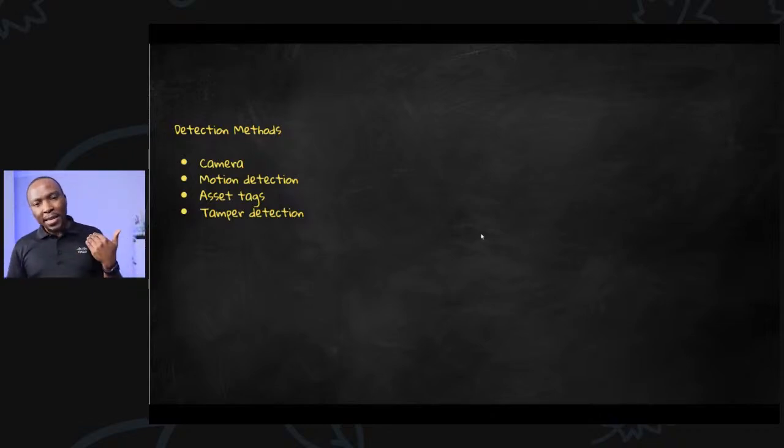Then you've got things like tamper detection, like when someone opens the door of a rack, or things that you want to protect, you can then use technologies such as tamper detection to protect that particular asset.